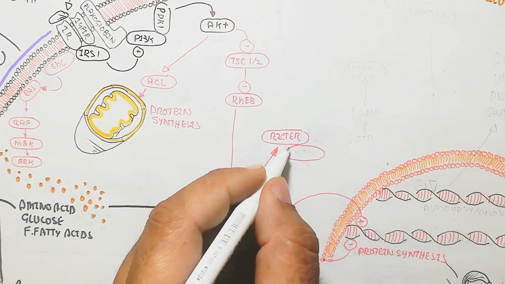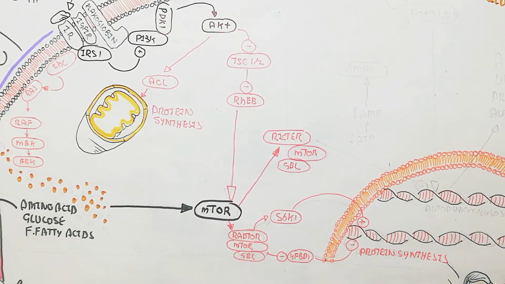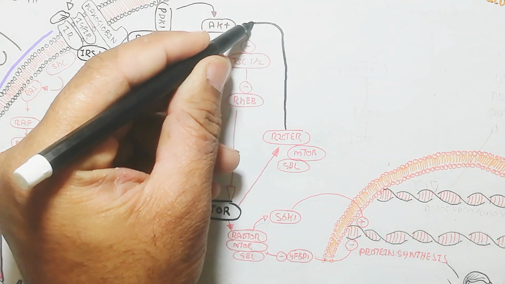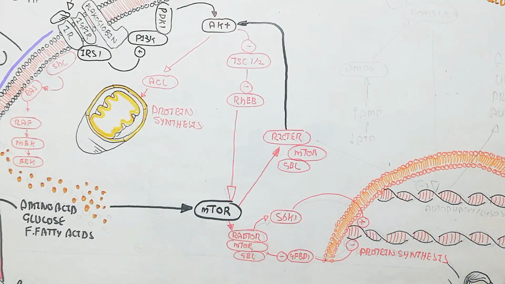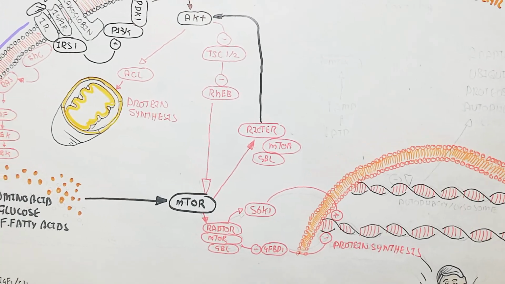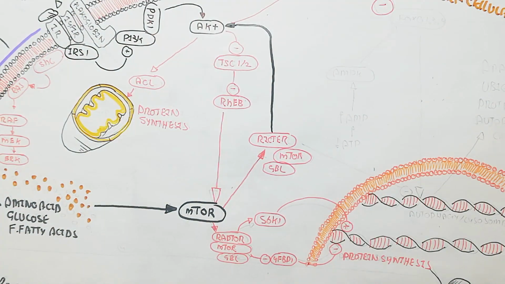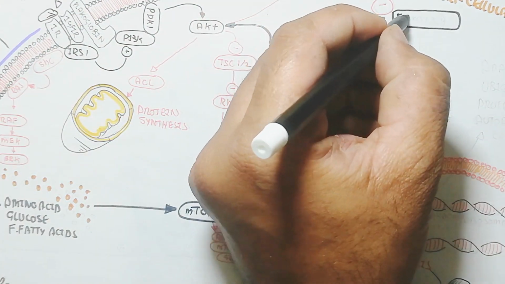So in this way AKT is responsible for triggering the mTOR pathway, while on the other hand the Rictor-containing mTOR GβL complex will trigger AKT. Further, this is a positive feedback. Remember that. And in this way AKT will inhibit FOXO 1, 3 and 4.